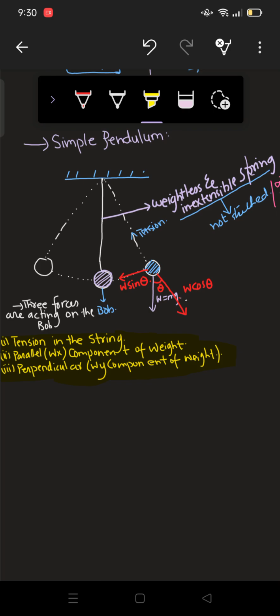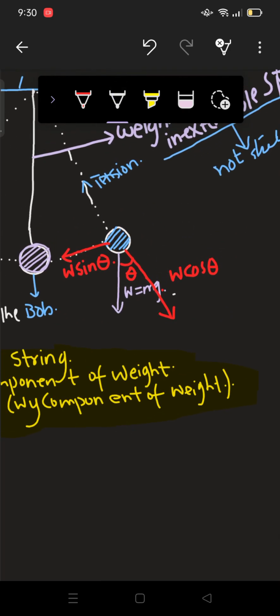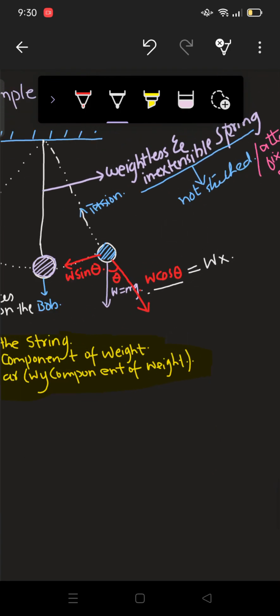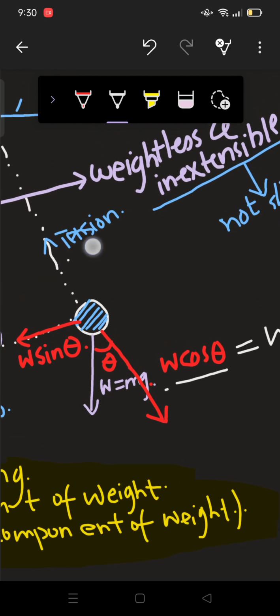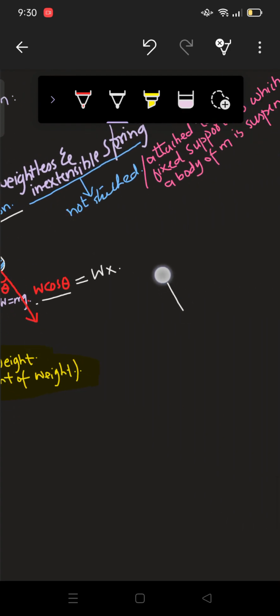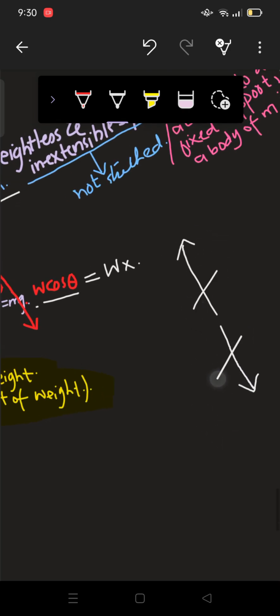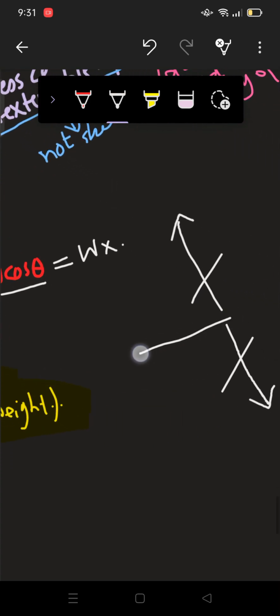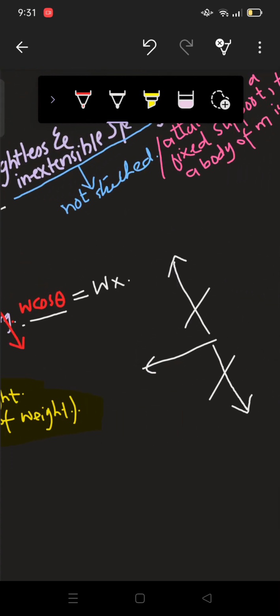We know that the Wx component will do nothing. This Wx component will be cancelled with the tension. You can see the direction of the tension is upward, while the Wx, which is W cos theta, is downward. So these both will be cancelled. What's remaining? Wy, which is W sine theta. So Wy is responsible for the motion of the pendulum, since tension and Wx don't work.